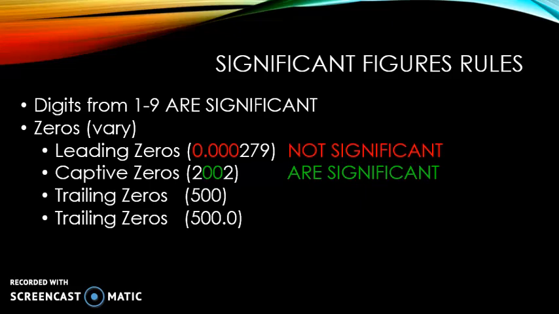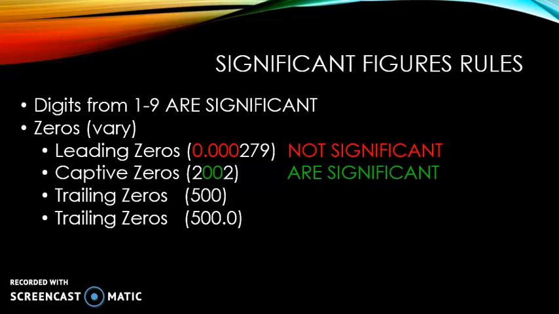The final type of zero is called a trailing zero, and it depends on whether or not they have a decimal place. So you can see there's a distinct difference between these two 500s. There's 500 and then 500.0. Now, to me, the reader of these numbers, 500 without a decimal point communicates a lazy author or somebody who didn't really mean to record with the precision that the second author had.